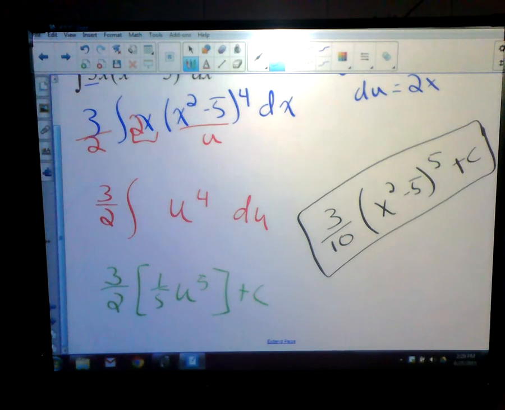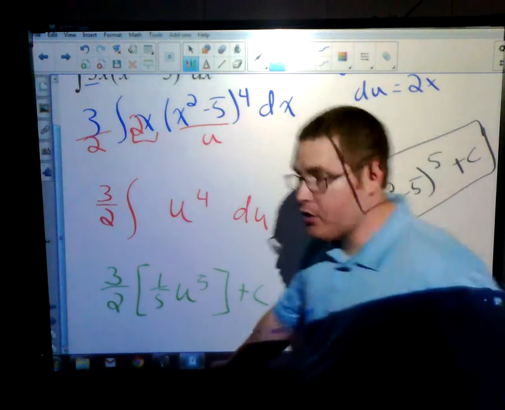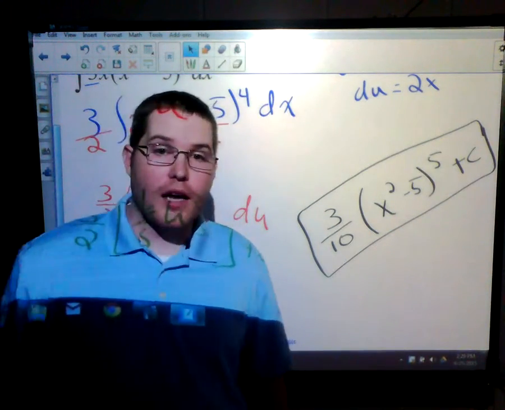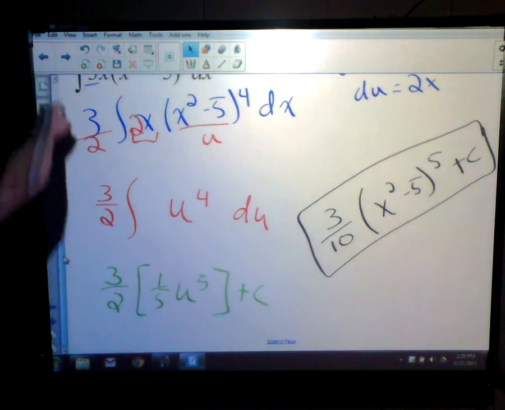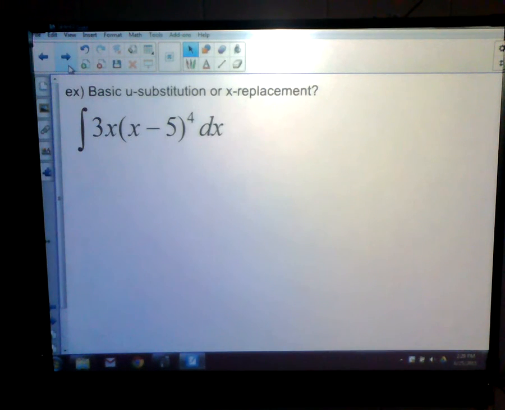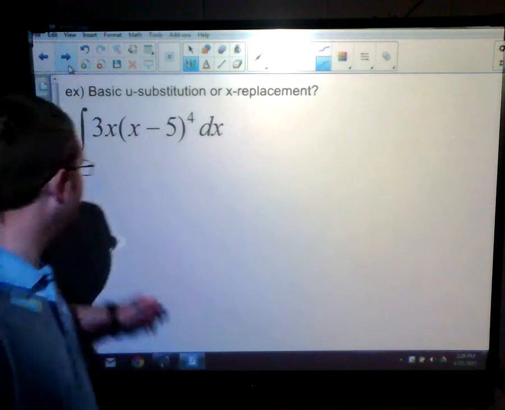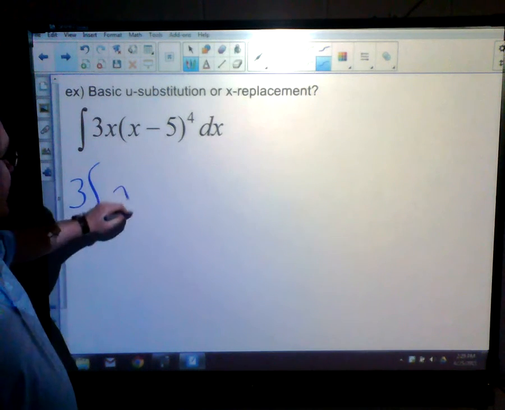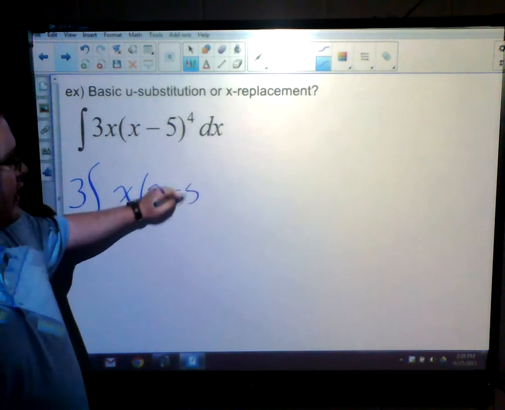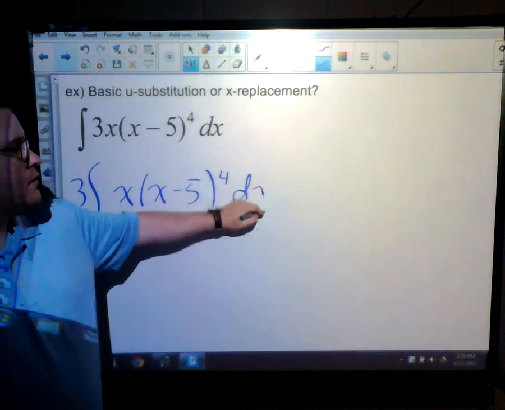Pretty straight U substitution problem. It helps if you take that 3 out in the first step. If not, you're going to have to multiply by a fraction, and that's never fun. Let's contrast that with this problem. Again, I see a 3 right there. I want to get it out. Let's move the 3 on the outside. That leaves an x times (x minus 5) to the 4th dx.